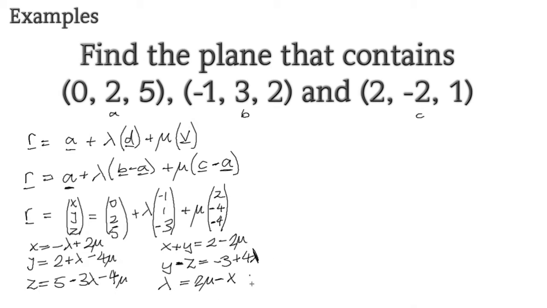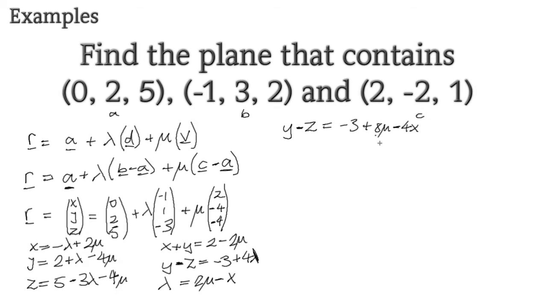So with that said, we can now substitute this whole thing into y take z equals to that, and so we have y take z equal to minus 3 plus 4 lambda, so plus 8 mu take 4x.